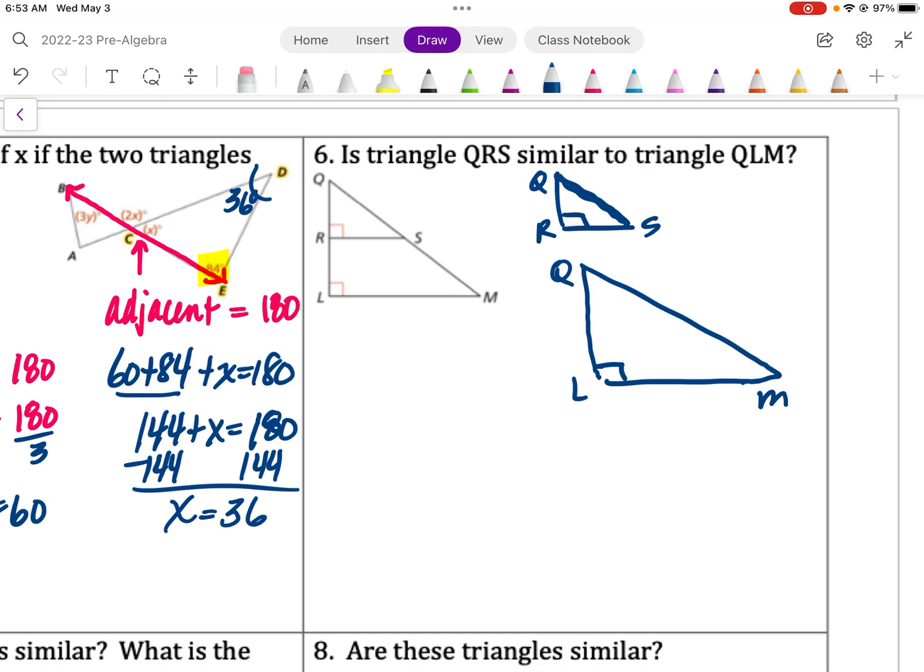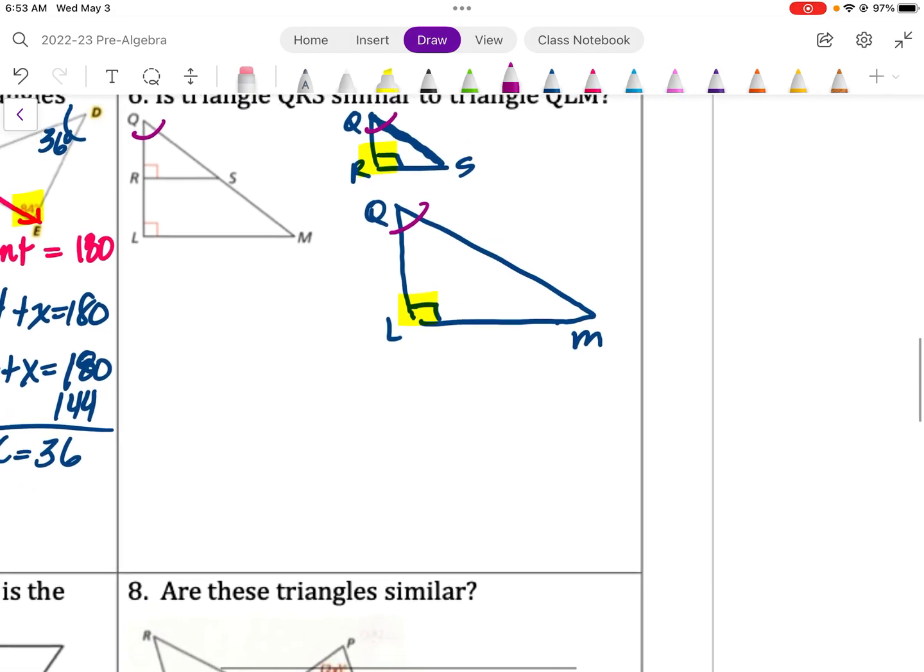One thing I'm noticing is that they both share a right angle in the corner. Then think, how many angles do I have to prove to determine if they're similar? Remember, I have to prove that two angles are congruent. I can see that they share the right angle, but I can also see that both of them share this angle up here in the corner, angle Q. So I can say angle Q is congruent to angle Q. It's the same exact angle.